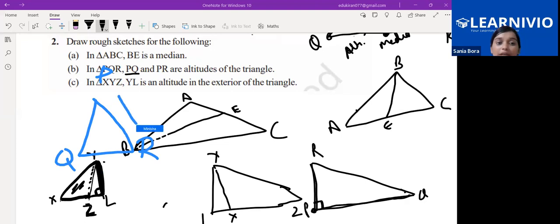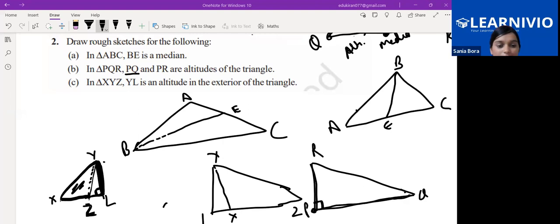But where is your 90 degree? If you do not mention 90 degree, that means it is not an altitude. Okay, ma'am. Done, ma'am.